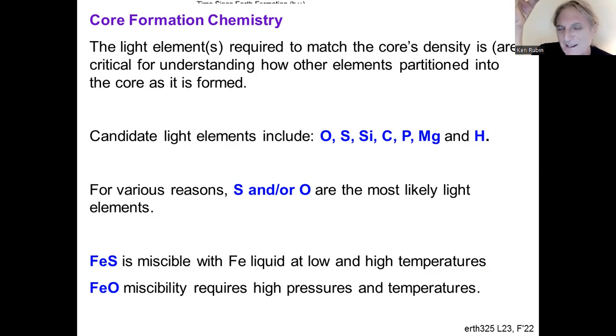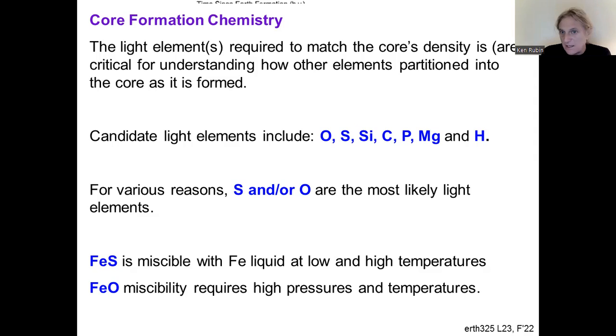So interestingly enough, the difference chemically in how you partition our chalcophile and our lithophile elements into the core varies as a function of whether our core is contaminated with sulfur, which would tend to draw in some chalcophile elements as we form the core, or is more contaminated with oxygen, which would tend to pull in a little bit more lithophile elements.